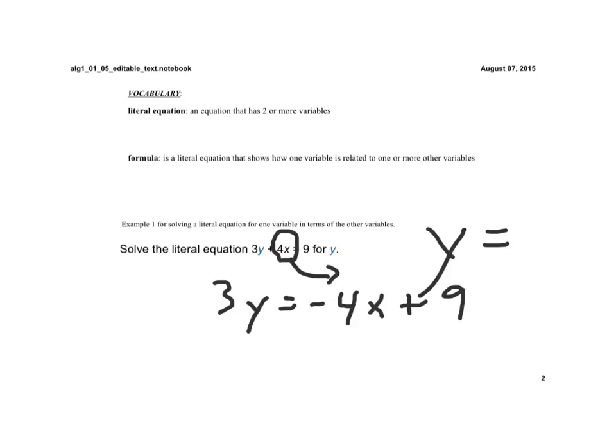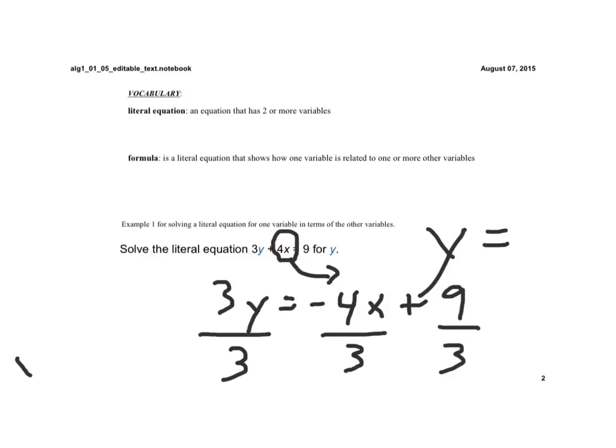Now again, we can't combine the 4x and the 9 because those are not like terms. Now we need to isolate the variable y. So we do that by dividing every term by 3. Sometimes they just divide each side by 3, but usually if one of the terms can be divided by the constant that we're dividing by, in this case the 3, then we'll rewrite it and divide every term by that.